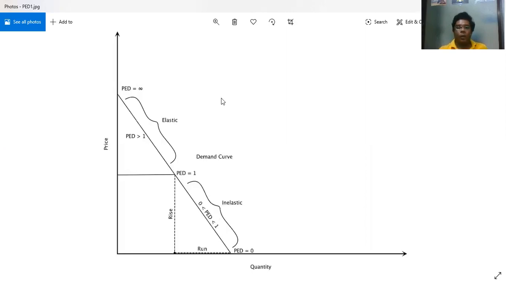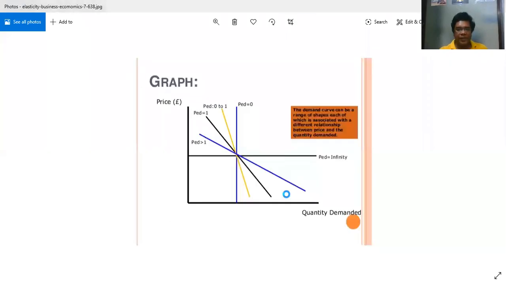Okay. Now we can show different types of demand curves of different PED values. Look, here we have 5 different types of demand curves showing different PED values. Starting with the horizontal one, this shows perfectly elastic and the value is infinite.